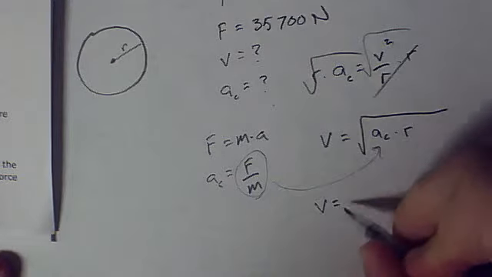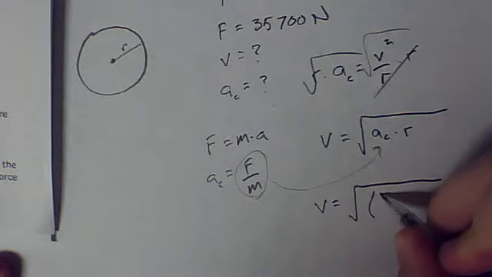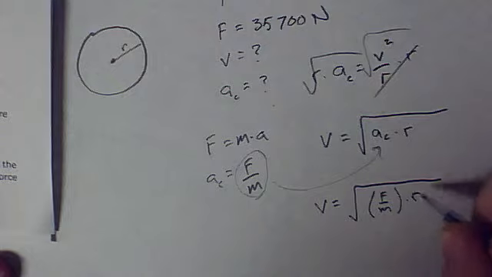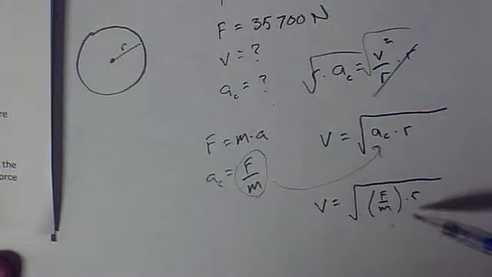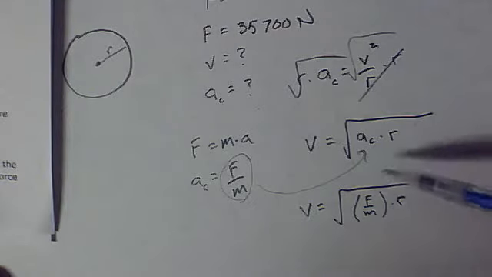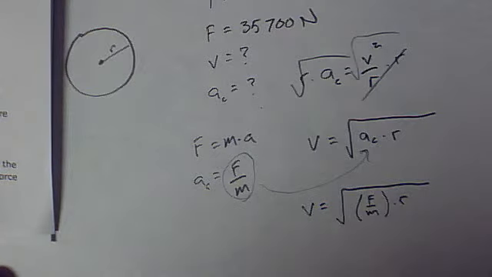It gives me v equals the square root of F over m times r. Plug these numbers into this equation, solve, and it will give you the speed. Okay?